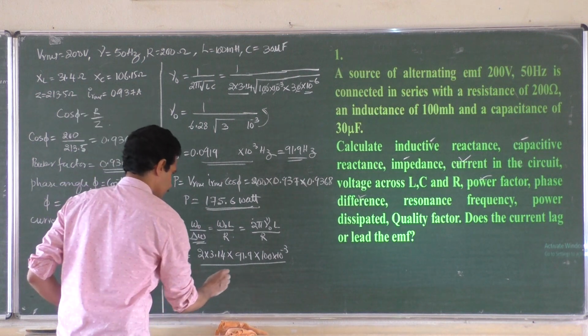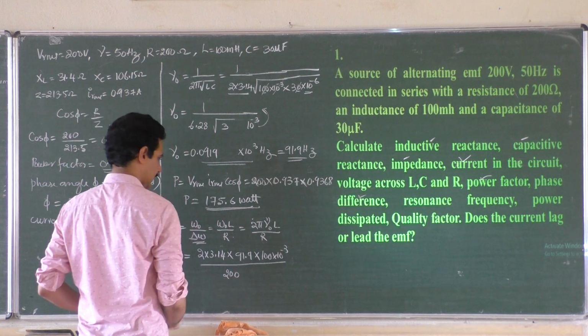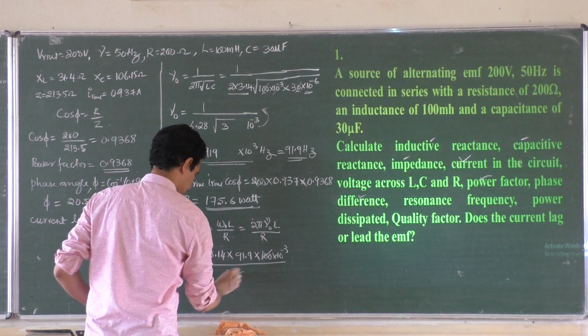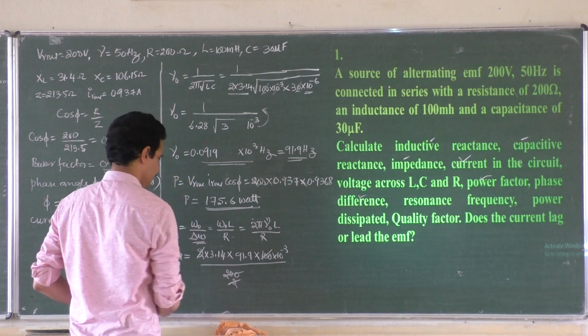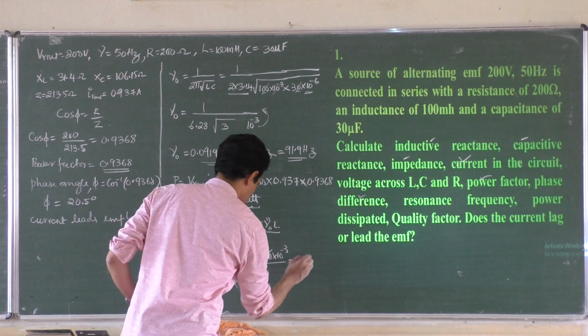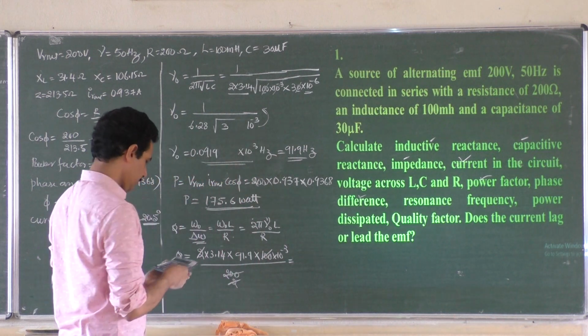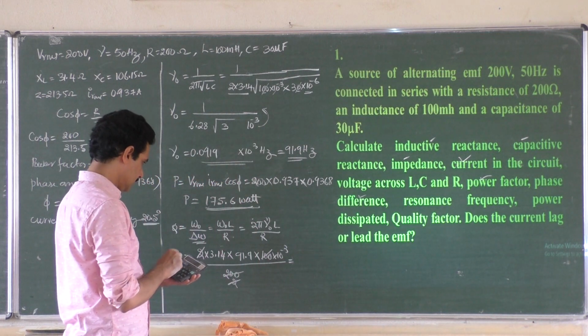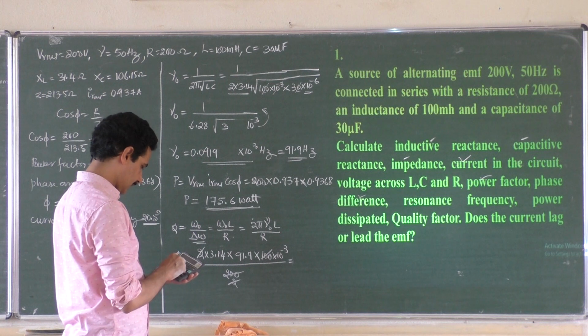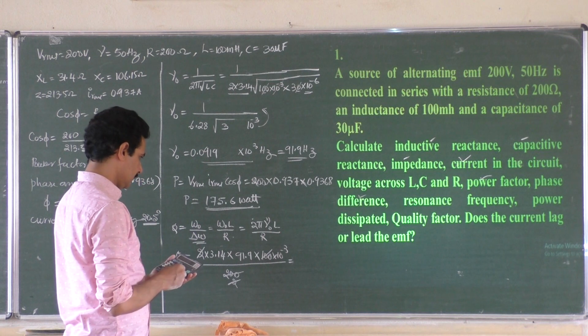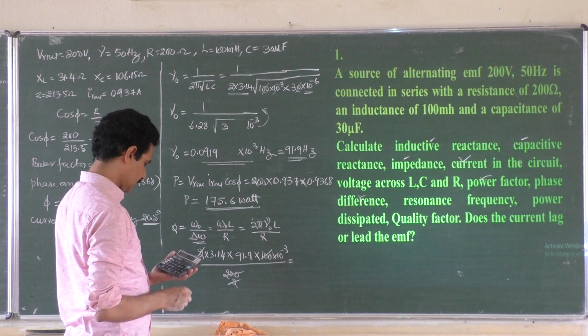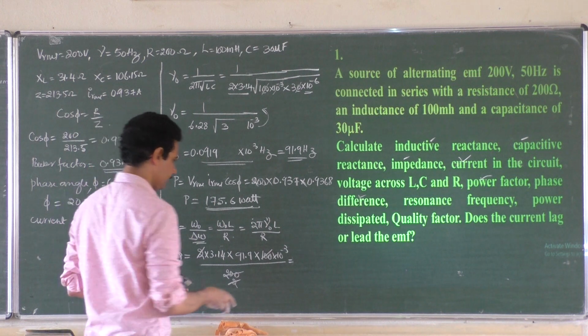Resistance is 200. Okay, I think I can divide this and make it very clear. Yeah, what is the answer? That is equal to 3.14 into 91.9 is equal to 288.56.